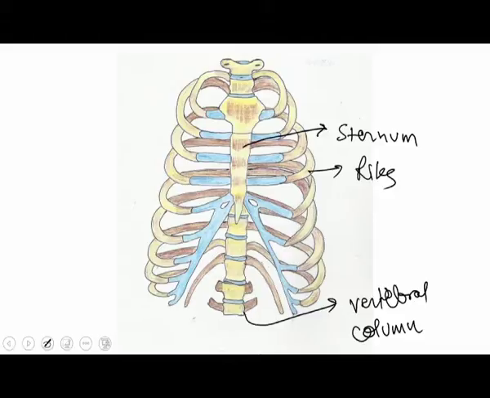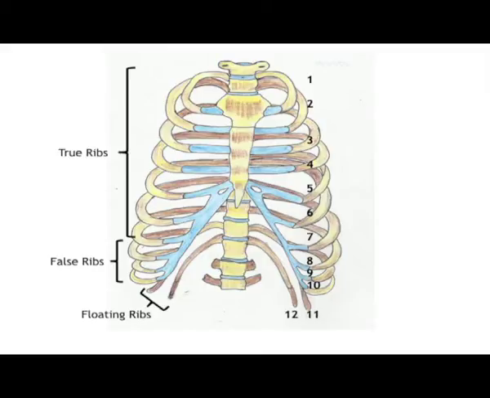If you look at the first 7, these are attached to the actual vertebral column. That's why they are called true. While the other 3, the 8th, 9th and 10th, are attached to the 7th one. That's why they are called false.